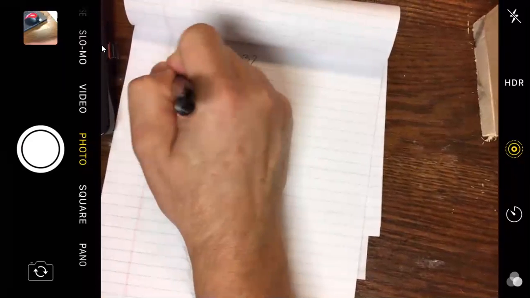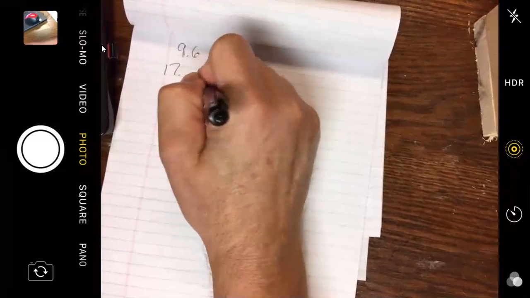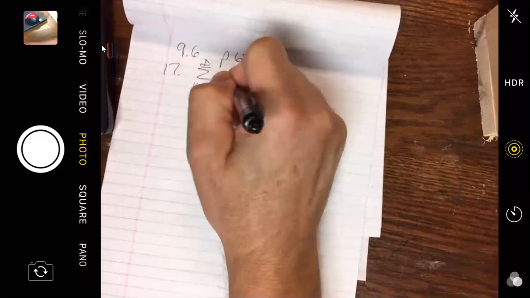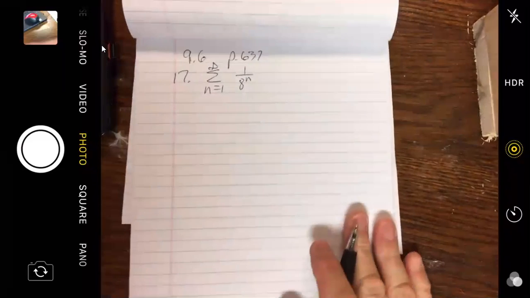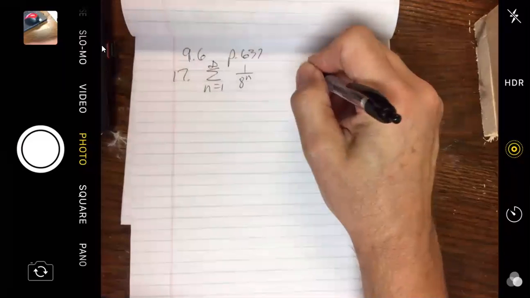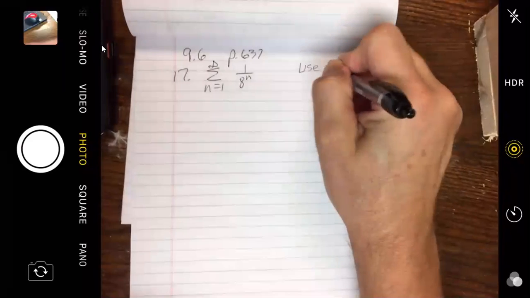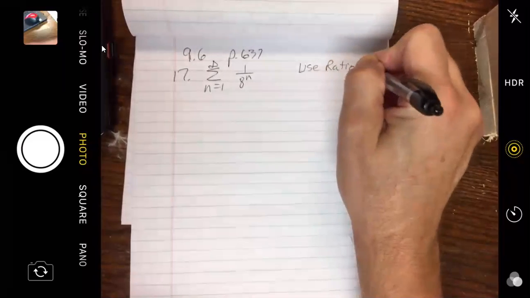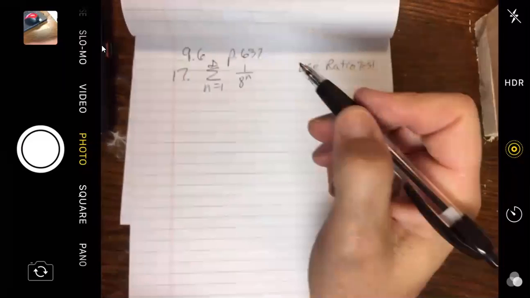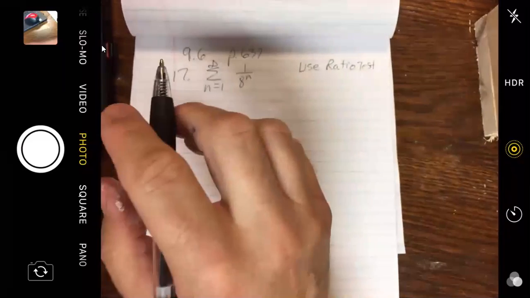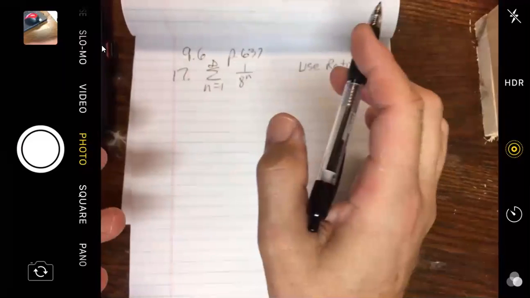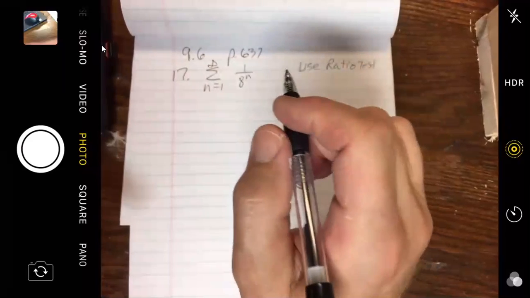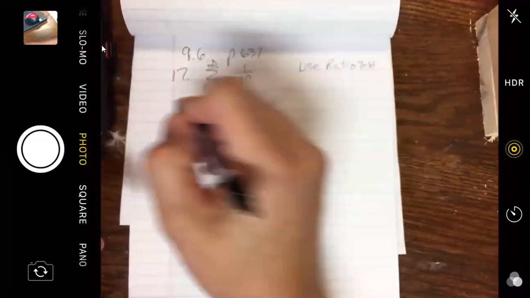637, 17. Summation n equals 1 to infinity of 1 over 8 to the n. Use ratio test. Okay, I'm going to write the first one out in great detail, and then I think you can see how it shortens up.